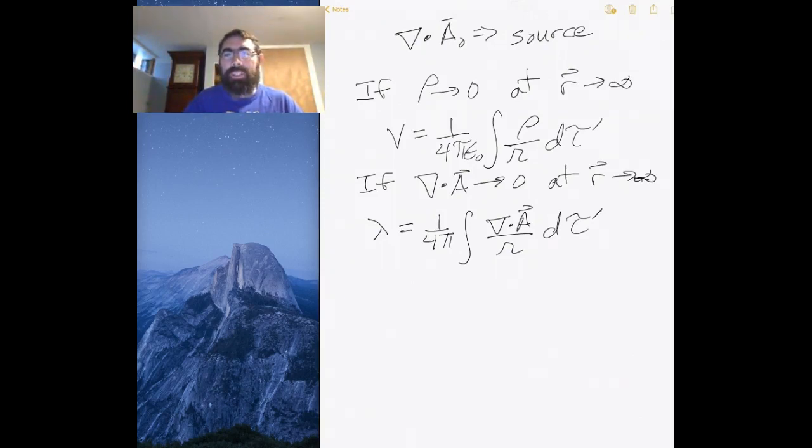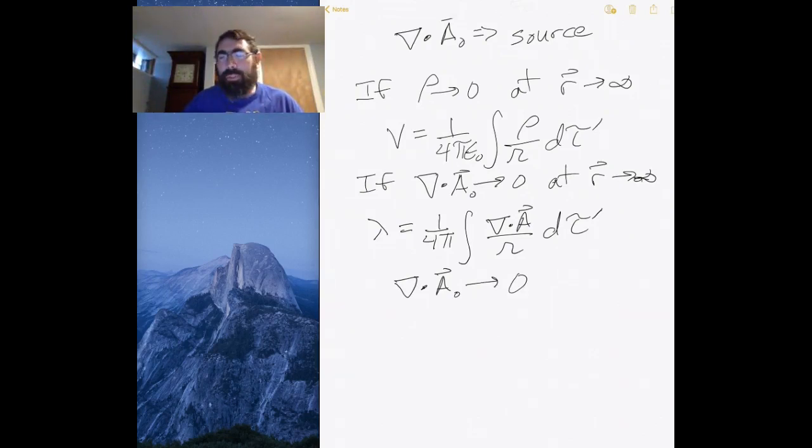I seem to have done something kind of arbitrary. This is A0. I basically made this statement that the divergence of my starting point magnetic potential goes to 0. That seems to be an assumption that I'm making.